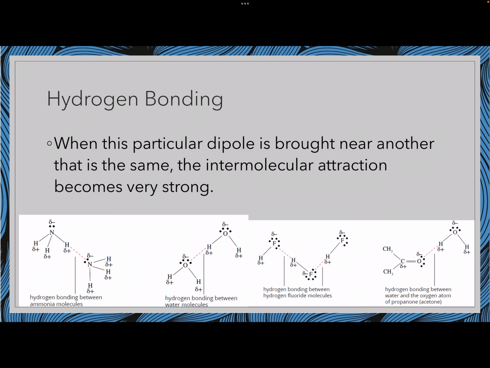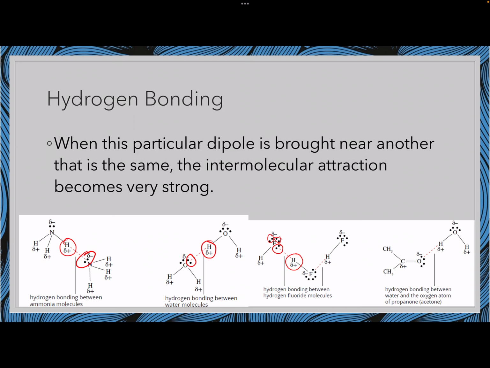So we can see that this partial positive is very strongly attracted to that partial negative. Okay. Same with water, so we have this delta positive hydrogen being attracted to these lone pairs here. In hydrofluoric acid, this H plus and these electrons on this fluorine, they like to bond.